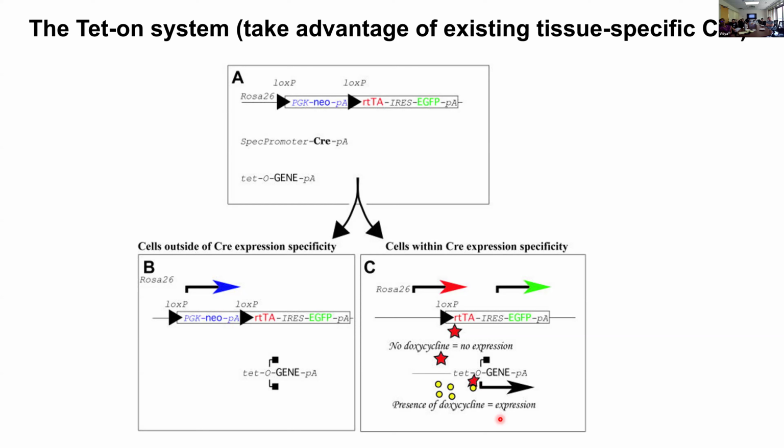So if there is already an established allele, then that's great, right? So this is why this approach, even though it's more complicated because you have to cross 3 different mice together, is actually the easier one to get, because the ROSA26 rtTA flox mouse is a common mouse stock, freely distributable.